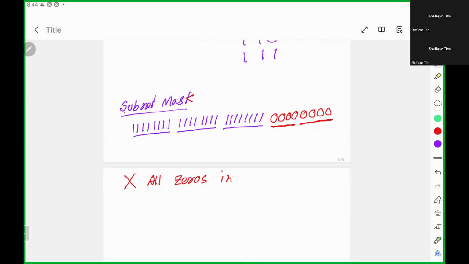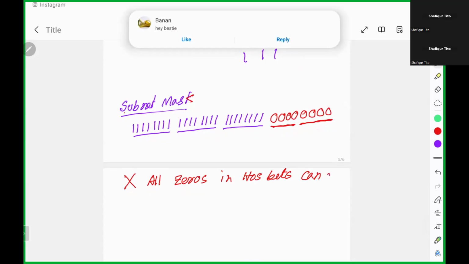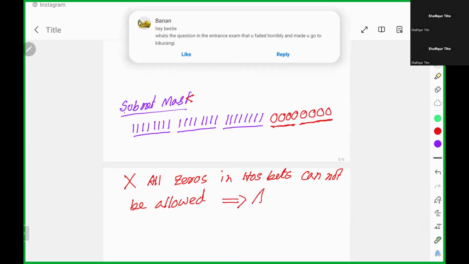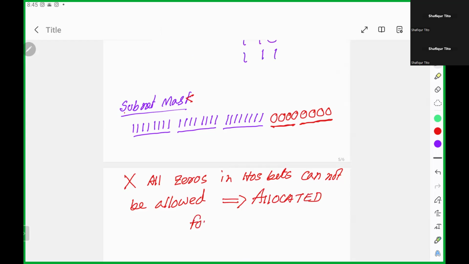All zeros in host bits cannot be allowed. Why? Because that is allocated for the subnet mask.